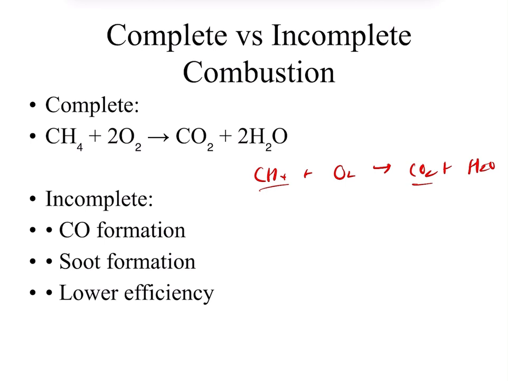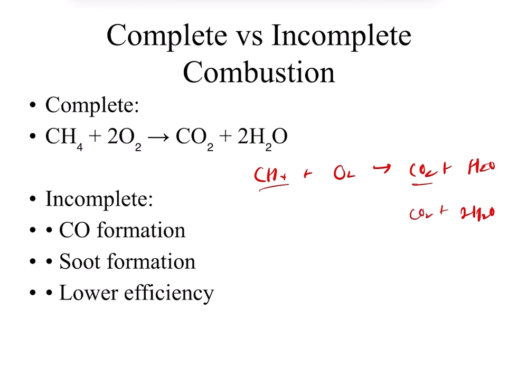But we need to calculate. On the left side we have 4 hydrogen, but on the right side we have 2, so we need to add 2 on the water. CH4 plus O2 gives CO2 plus 2 H2O.